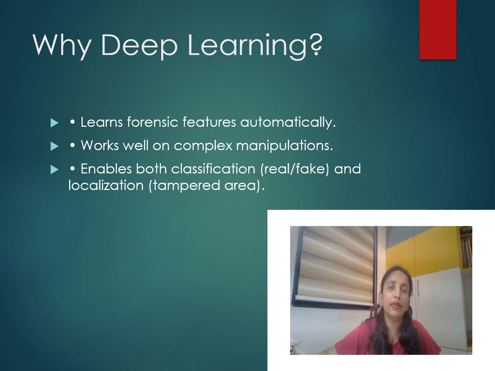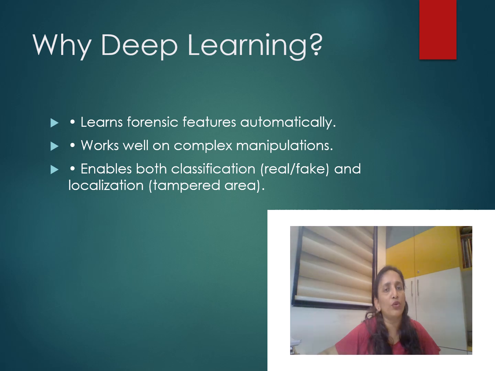It learns directly from the data and detects hidden patterns that even human eyes can't see. So this is the main advantage of deep learning: it automatically learns all the features. You don't have to teach the model what to do. The model automatically identifies the features that separate real and fake images.